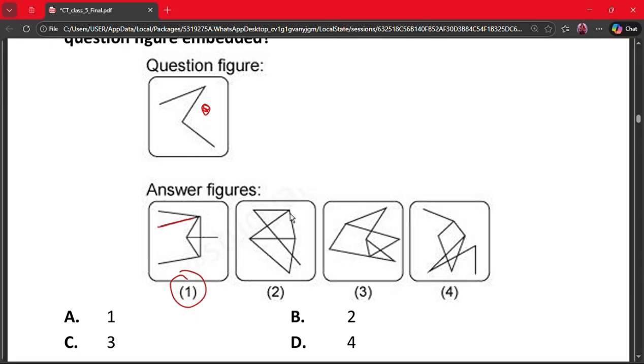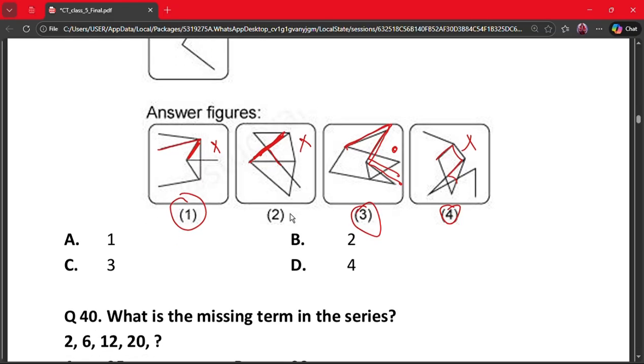So here we can see this, but this is very small, so no. In answer figure 2, there is no line like this, so this is also no. In answer figure 3, I'm really sorry, we can see the same like this, so yes, this might be. And in answer figure 4, let's have a look. No, here also we cannot find the question figure, so the correct answer figure is C, that is 3.